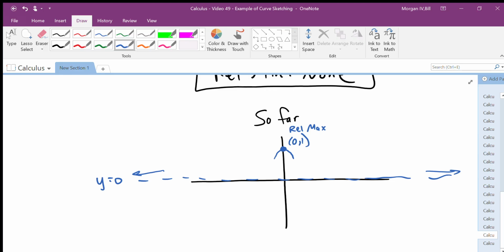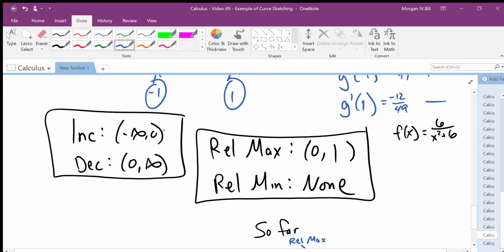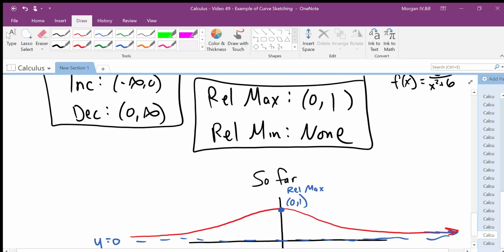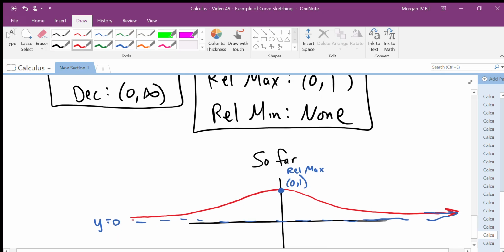Something else we know: the curve increases from negative infinity to 0, and it's going to decrease from 0 to infinity. So my best guess so far is that the curve looks something like this.